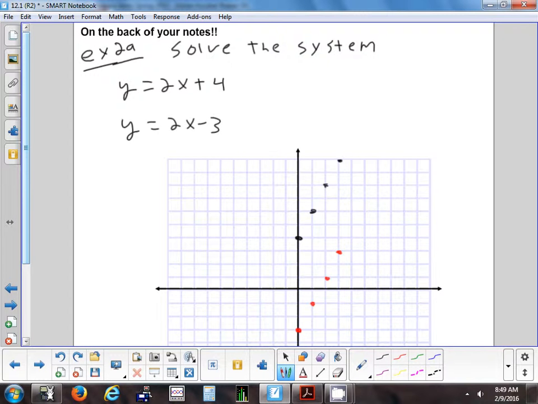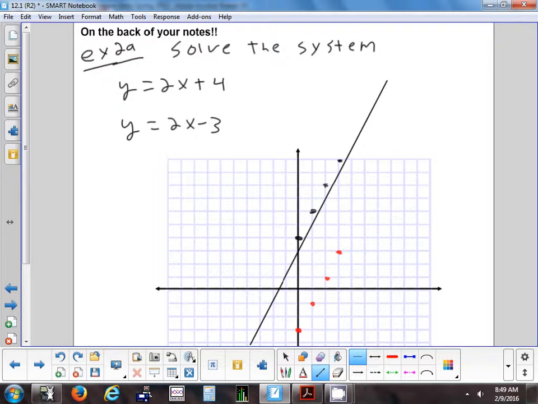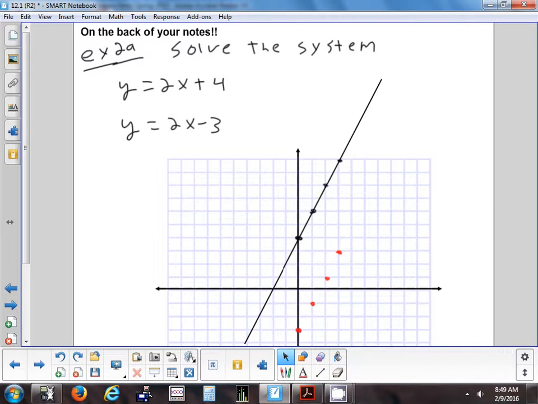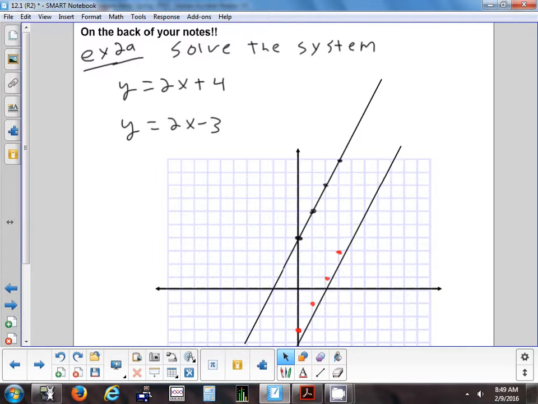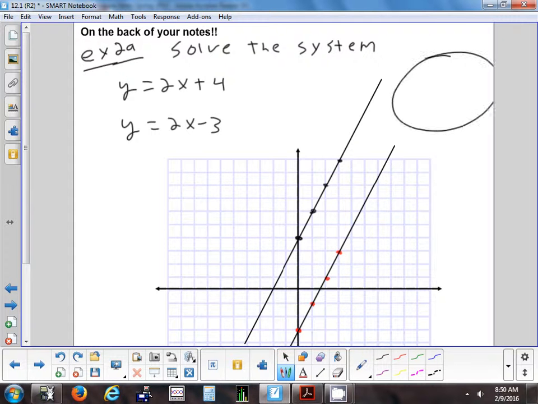You can probably just see from the dots, once I draw my lines, they're not going to cross. Maybe about like that. And there's that one. Okay, so they don't cross. So would we say the answer is? No solution.